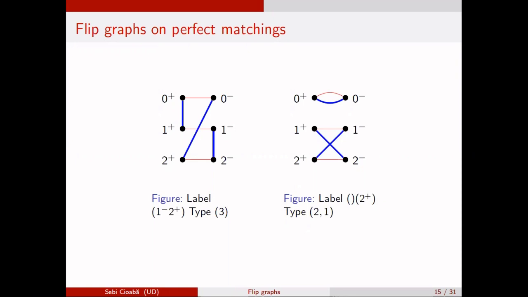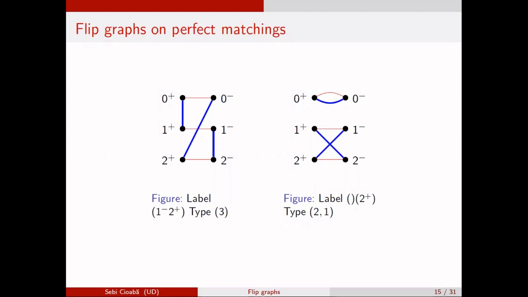So we think of our identity perfect matching to be 0 plus 0 minus, 1 plus 1 minus, 2 plus 2 minus. So here we're going to label the vertices from 0 to n minus 1, each of them with a plus and minus. And then when you put another perfect matching in, so the identity perfect matching is the red one, when you put a blue perfect matching in, that's going to create a 2 regular graph with the red one.